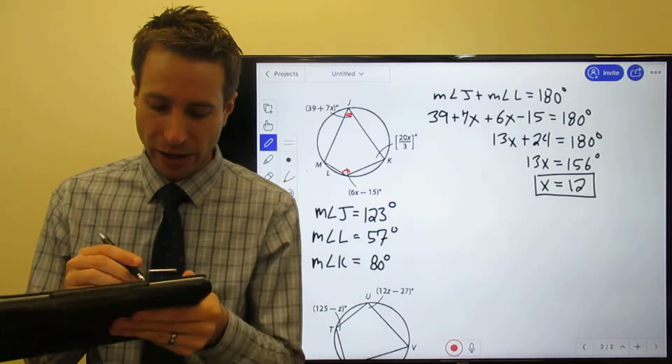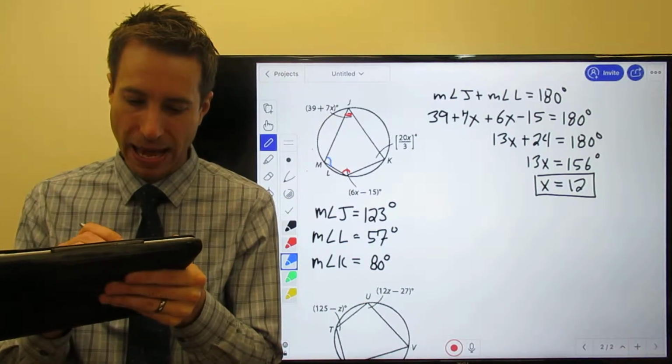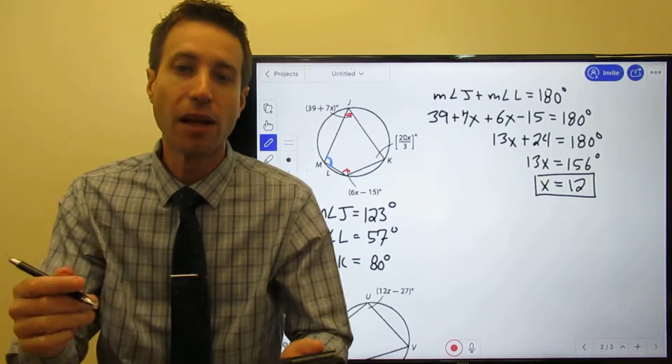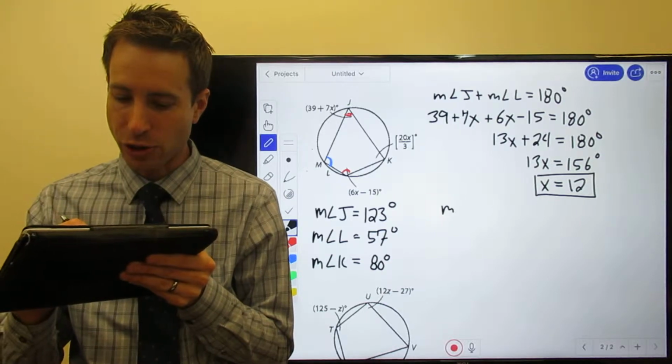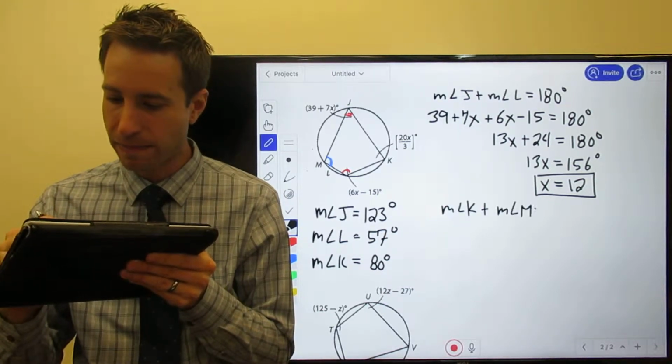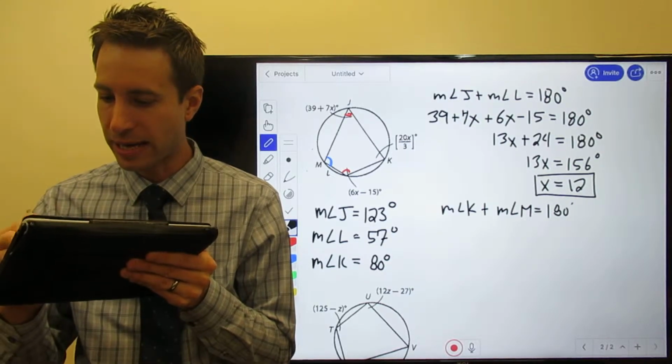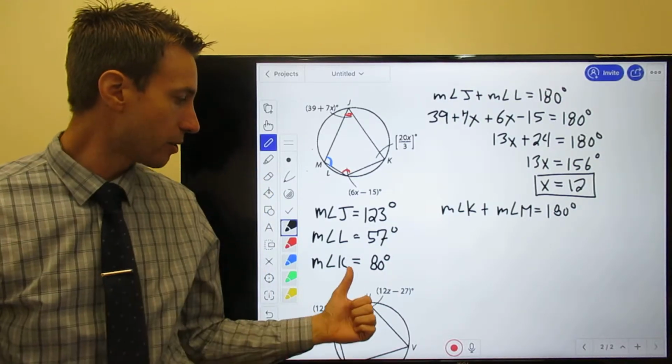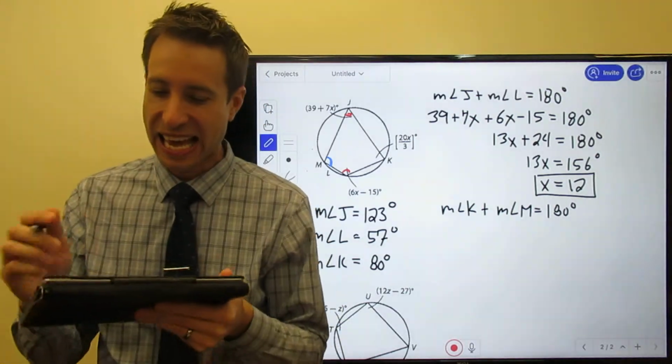How do I find the measure of angle M? Because I didn't tell you anything about M. Well, actually, the theorem: we know the measure of angle K plus the measure of angle M has to be equal to 180 degrees. And I already know the measure of angle K, it's 80.